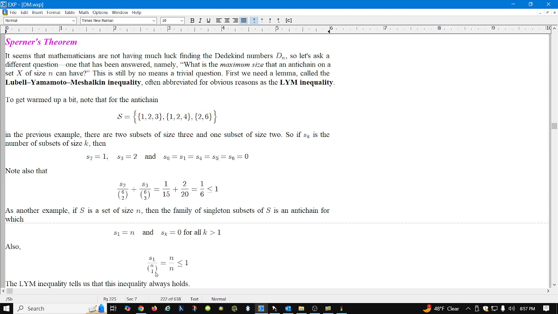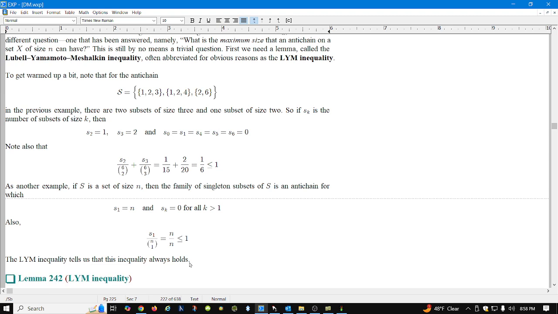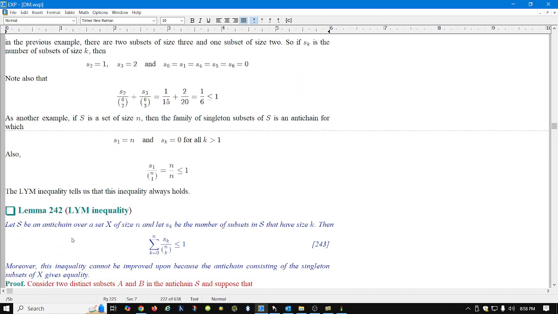S1 divided by n, choose 1, is n divided by n, which is in fact equal to 1. The LYM inequality is a generalization of these 2 examples. Let S be an antichain over a set X of size n, and let Sk be the number of subsets in the antichain of size k.